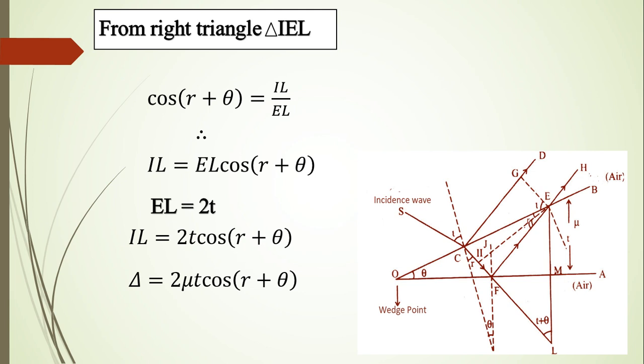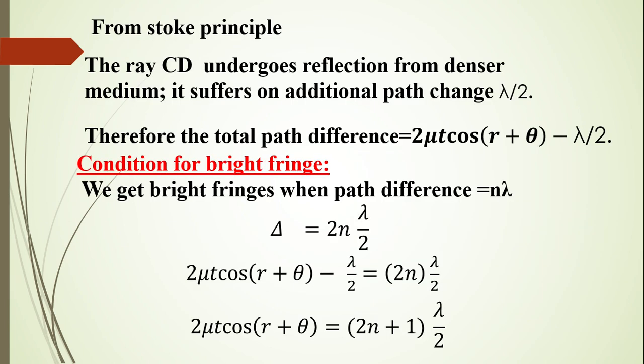The total path difference delta is equal to twice mu t cos r plus theta minus lambda by 2. Whether lambda by 2 is added or subtracted, there is no change in the path difference.